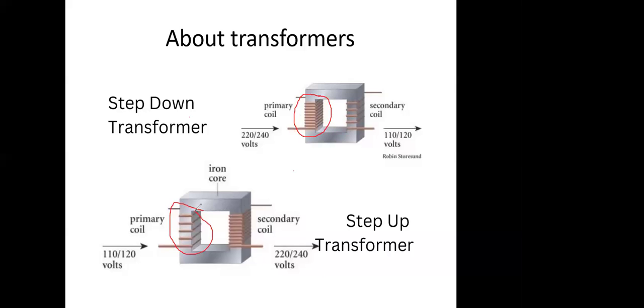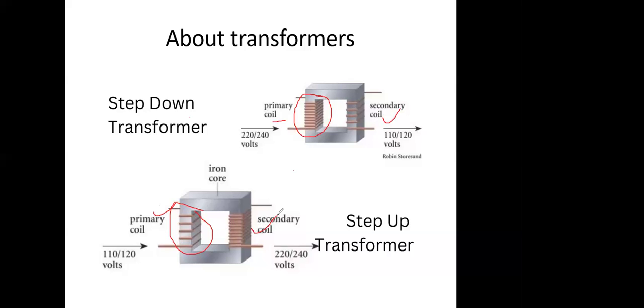Now, when you look at the primary coils that we have there, you realize that the coil in the step down has more turns than the coil in the secondary. And the primary coil of the step up has fewer coils than the secondary coil.